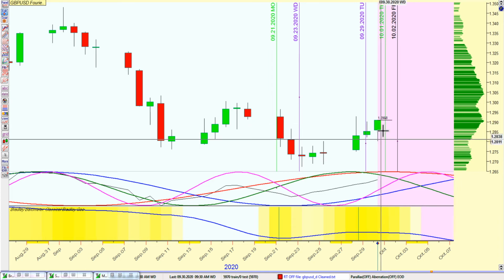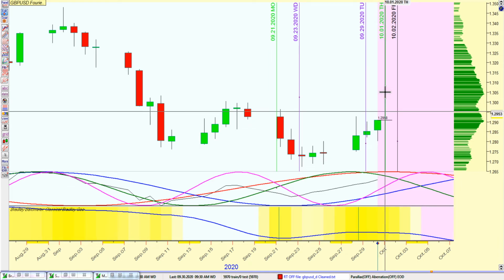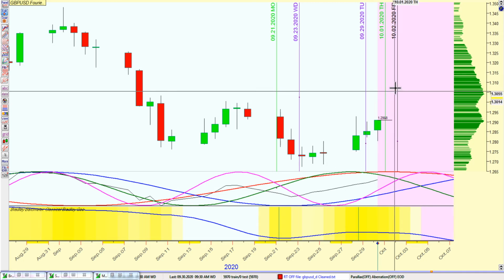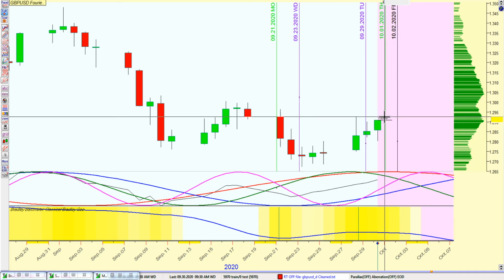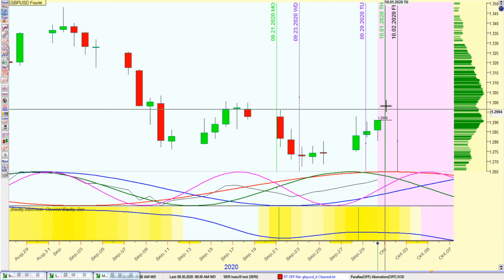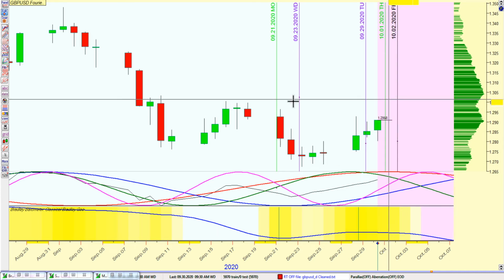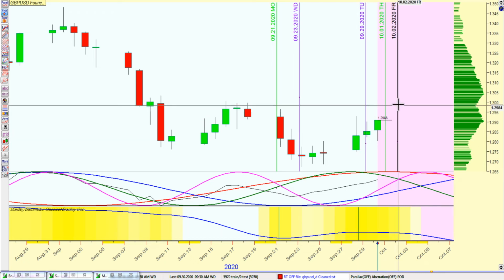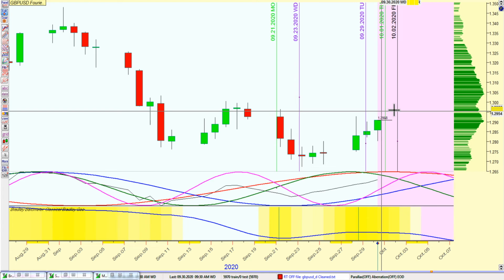So I recommend you trail your stops up. And if it goes sideways here and then just pushes up higher, or we stall out here and go into tomorrow and into Friday pushing higher and stall out, then this could be a possible turning point. So these are the ones for this week.